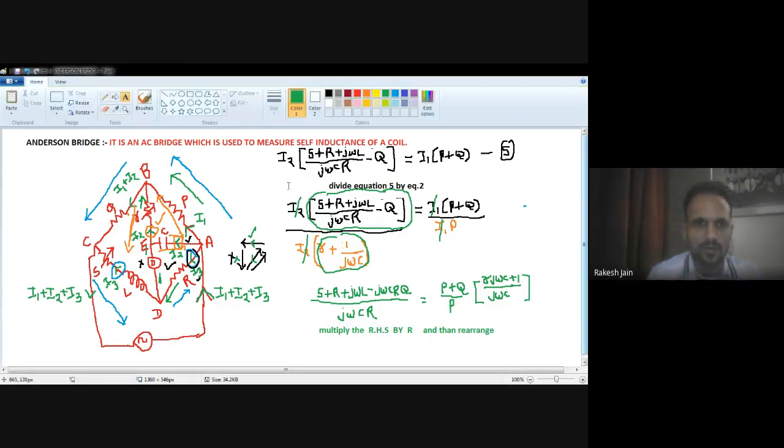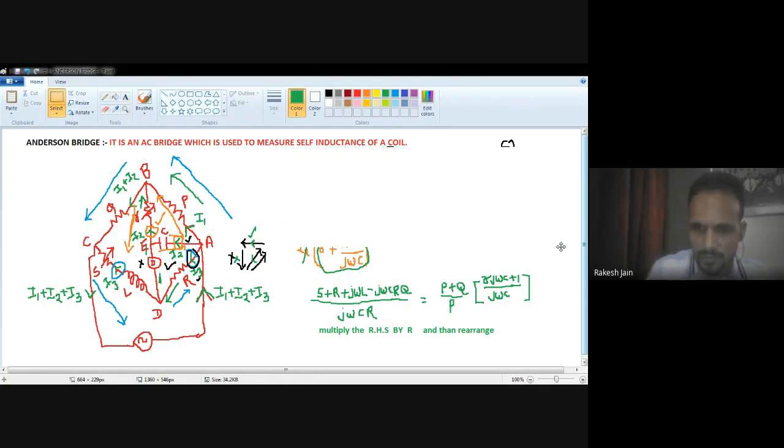Whatever I want to do, I just remove these upper terms which we have already used, and now I am going to divide. I just multiply the right hand side by capital R and also divide it by capital R. So there will be no problem.